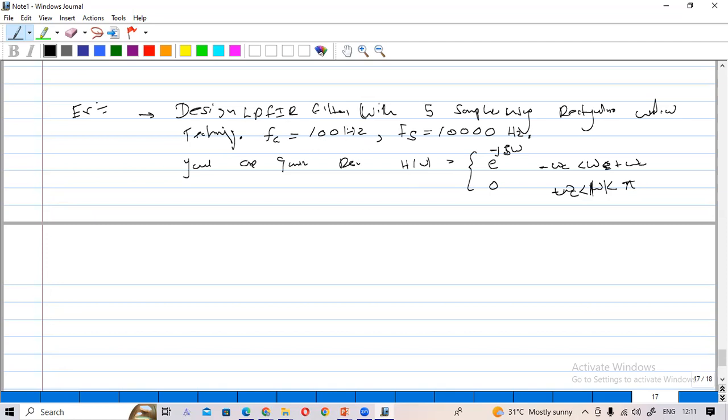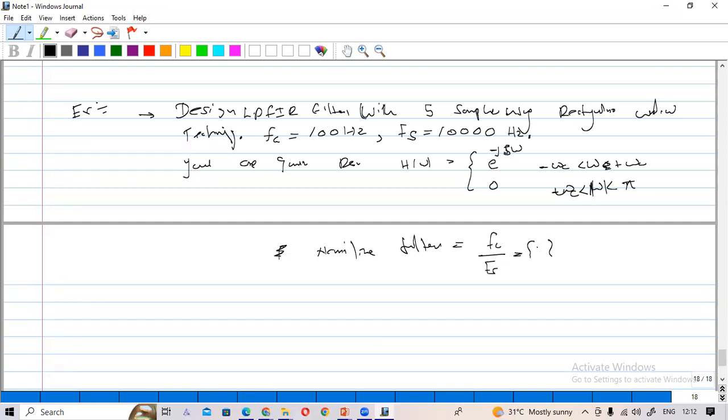Now you can see that you are given some frequencies in hertz. So first you have to find the normalized frequency of the filter. That is the frequency divided by the sampling frequency.